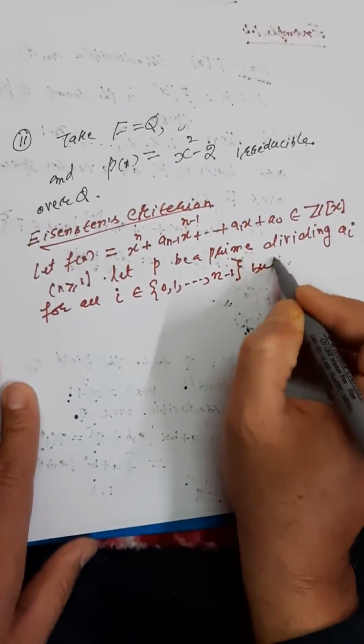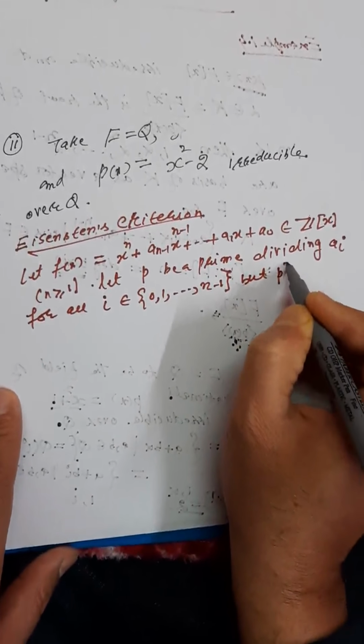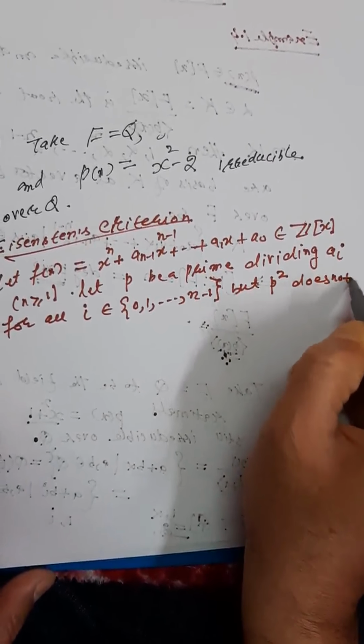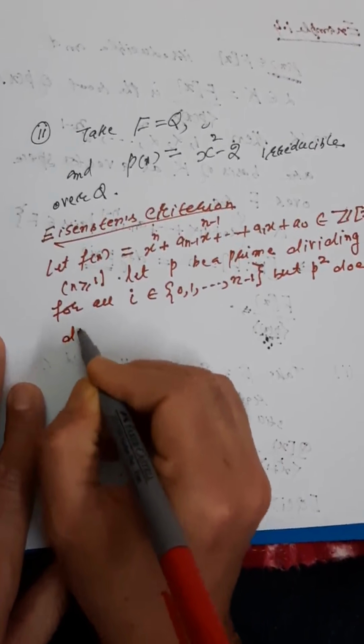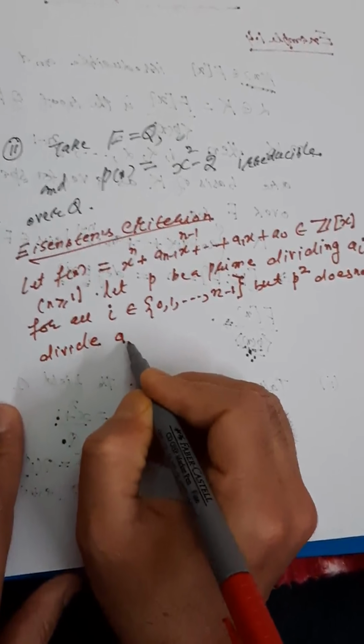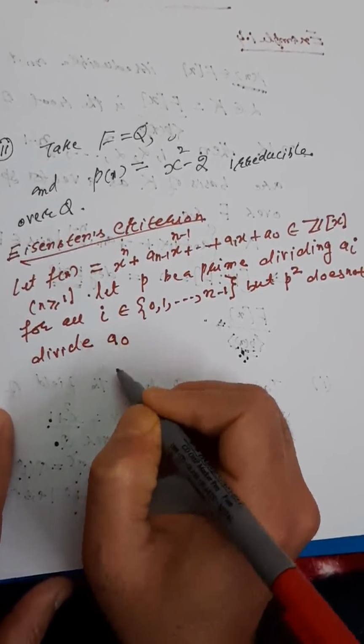But p square does not divide a0, the constant term of this polynomial.